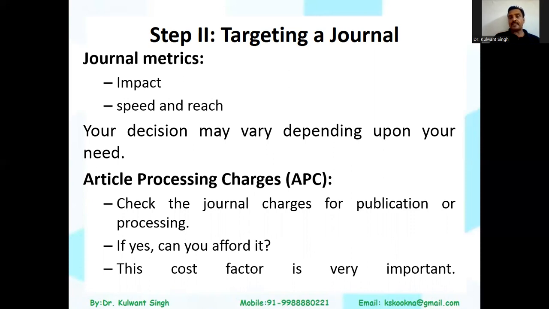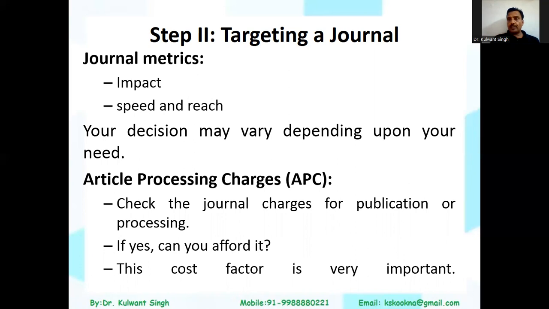article processing charges. Check the journal charges for the publication or the processing. If yes, can you afford it? This cost factor is very important. Some journals have APC, but in a subscription journal of a good publisher, there is no fee, there is no APC.